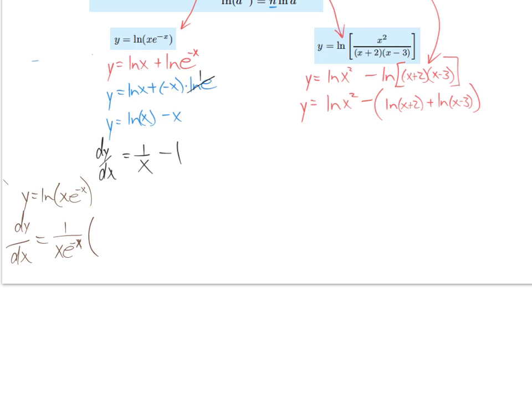So I have u prime, which is 1 times e to the negative x, plus u times v prime. What's the derivative of e to the negative x? E to the negative x times negative 1. Yeah, e to the negative x times the negative 1, so we'll put that in there. Okay?